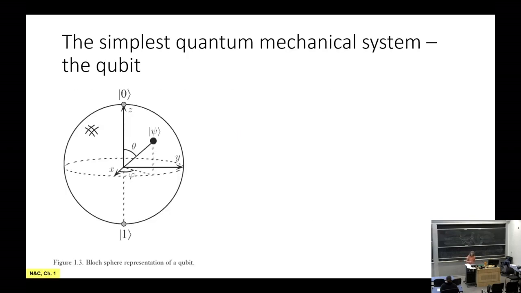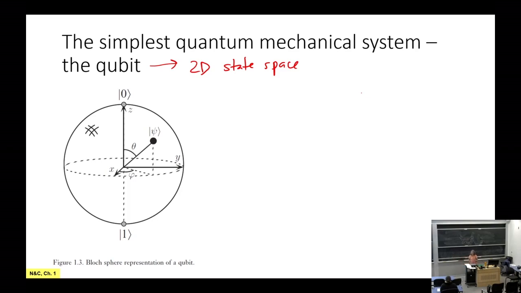So the simplest quantum mechanical system, and the system that we're going to be thinking about in this class, is the qubit. And a qubit has a two-dimensional state space. That showed up on homework 1, and hopefully you got to think about that a little bit.